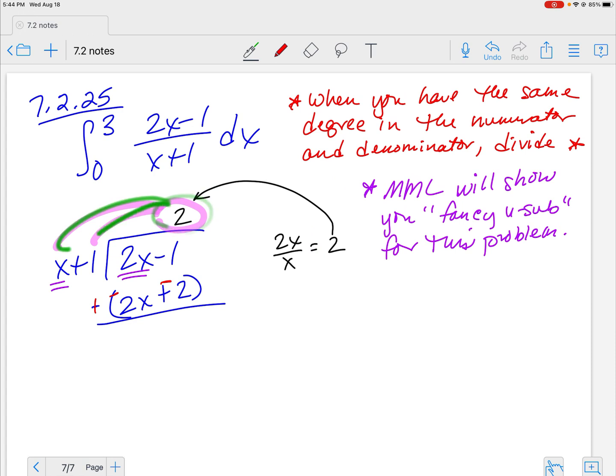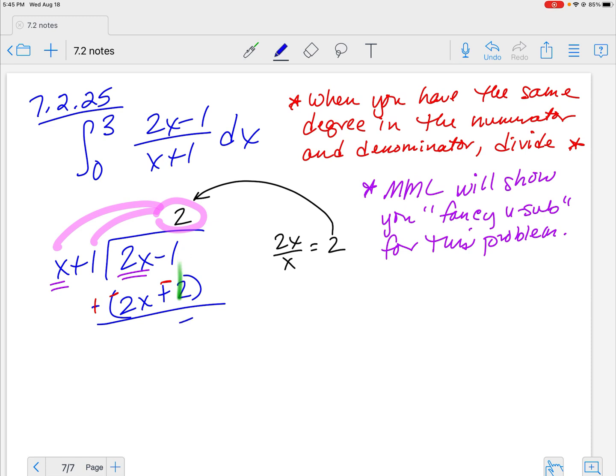You take that 2 and distribute it because it's a polynomial. 2 times x is 2x. 2 times 1 is 2. When you subtract that polynomial, you can add the opposite and distribute the negative sign. Then, when you do that addition, 2x minus 2x cancels out.